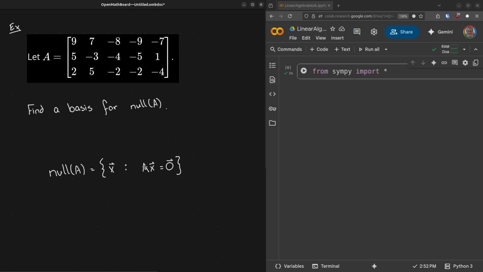Okay? So that means we just want to solve the homogeneous equation. The general solution of the homogeneous equation, where A is the coefficient matrix of that homogeneous system, that general solution will give me the format or formula for all x in the null space. Okay, so that's what I want to do first.